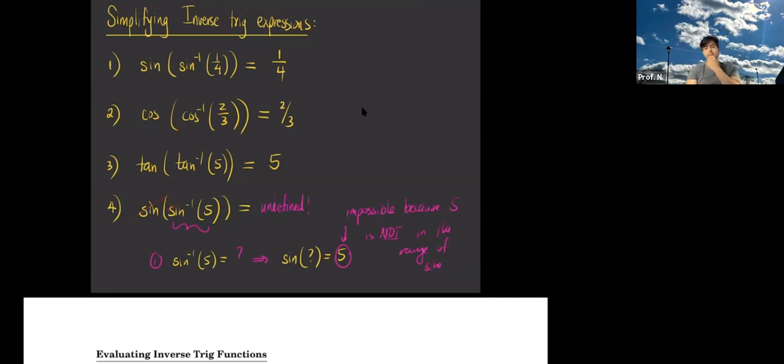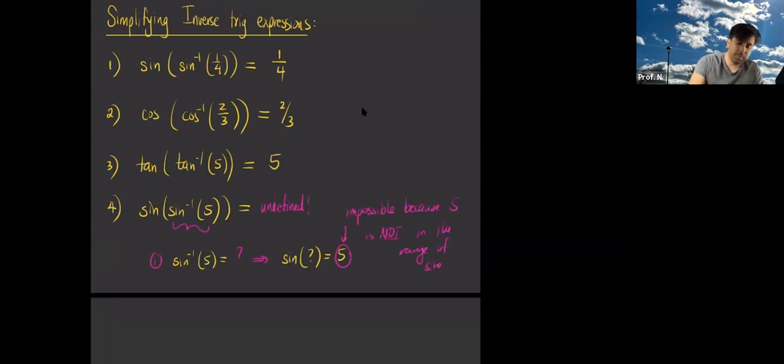So you have to be mindful of the domain and range for sine inverse, sine, cosine inverse, regular cosine, tan inverse, and regular tan. This is when it becomes very important, and you'll see this as we do a little more of these kinds of expressions.